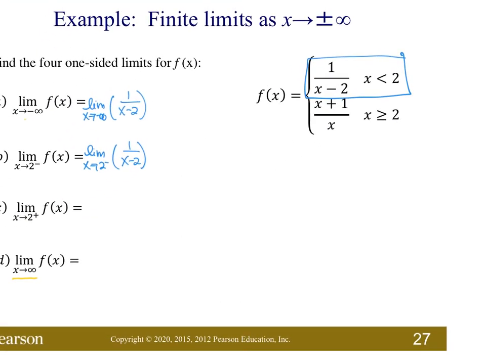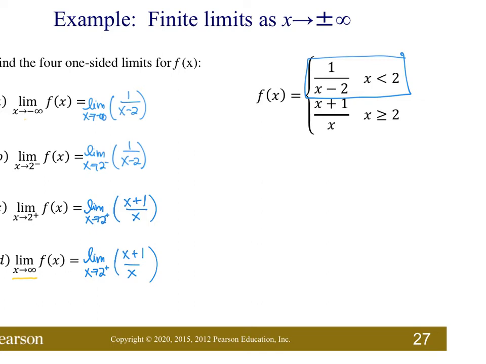When I switch and I do 2 plus and infinity, which are both positive numbers, then both of these will be using this equation. So it's helpful in your parentheses, I think, to distinguish which of the two pieces of the function that you're using.